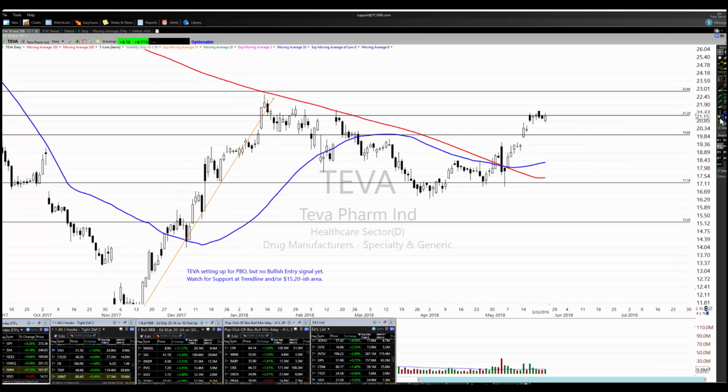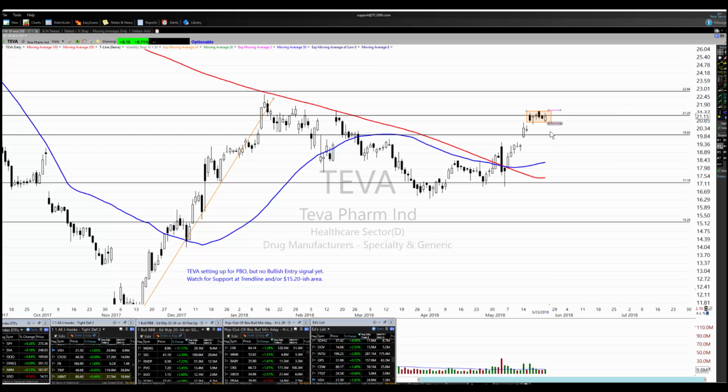So we've got the same story basically as we talked about earlier today, and I'm going to treat it the same way, or I would if I was trading it. I'm going to look for a buy on a breakout of the box with a stop tight below the box.